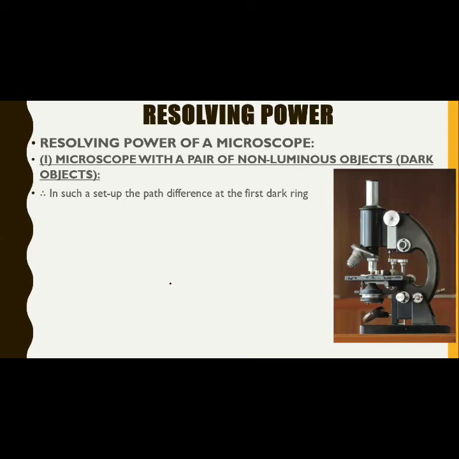what is the path difference of the first dark ring? Path difference, just like we have said, can be given as lambda n, equal to the length of the first wave. How much will that be? Wavelength, which is lambda n. So now we are using the first equation. Which one? The path difference we have found out, which is 2a sin alpha. We can write 2a sin alpha equal to lambda n.